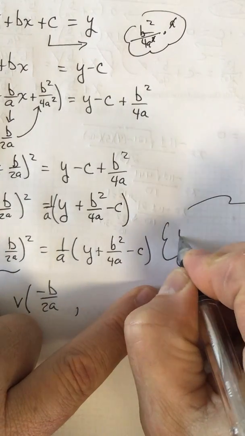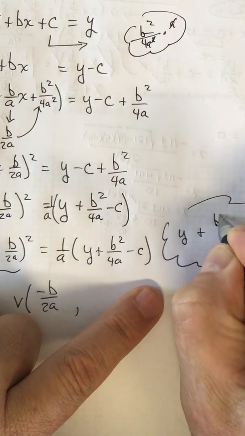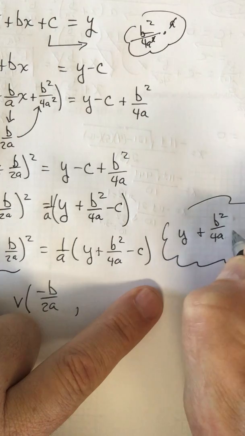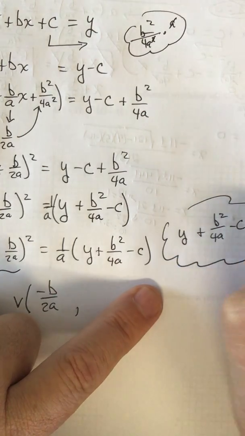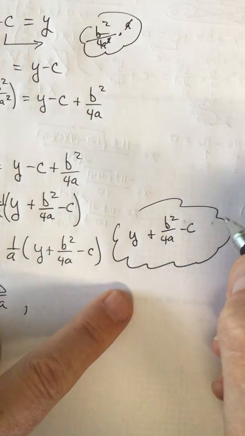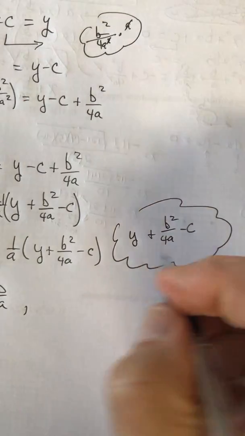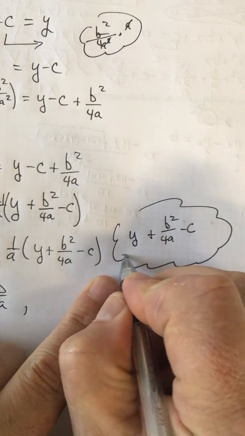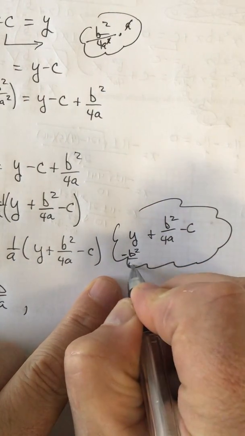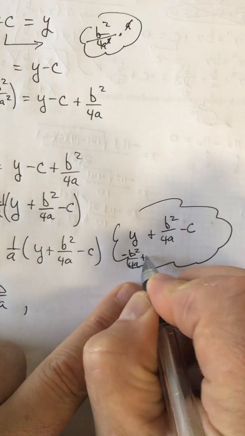I need something plus b squared over 4a minus c, I need all of that to add up to 0. Well, the y then would need to be a negative b squared over 4a plus c.